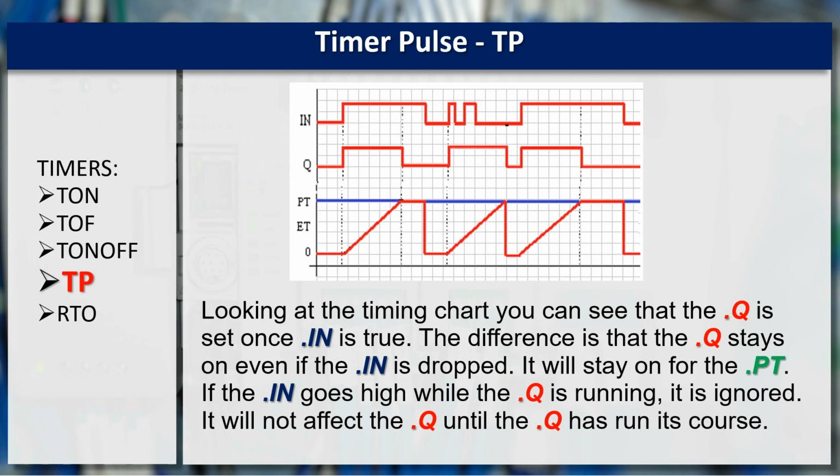The difference is that the Q stays on even if the .in is dropped. It will stay on for the entire program time. If the .in goes high while Q is running, it's ignored. It will not affect the Q until the Q has run its course.